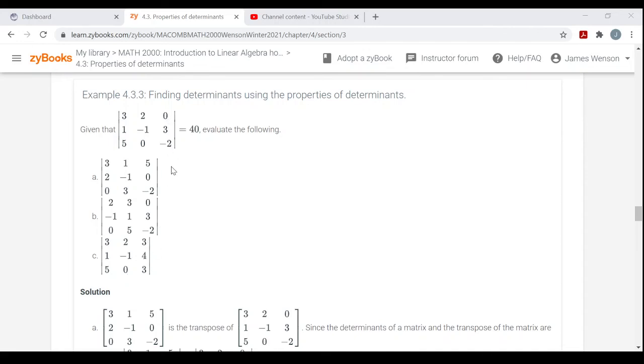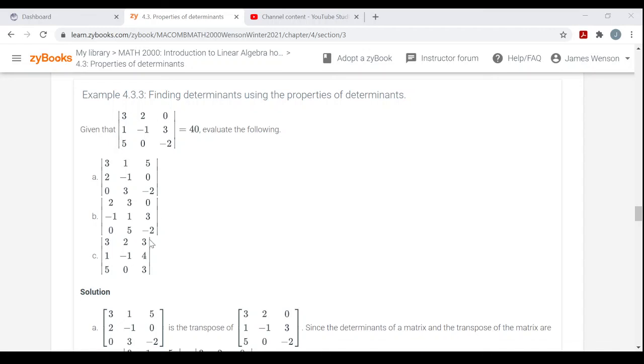This is 0, 0. I guess they would have taken a multiple of column 1 plus some multiple of column 2 to get the new column, or plus column 3. Oh, they just added column 1 and column 3. Yeah, column 1 plus the column 3 entries to get the new column.